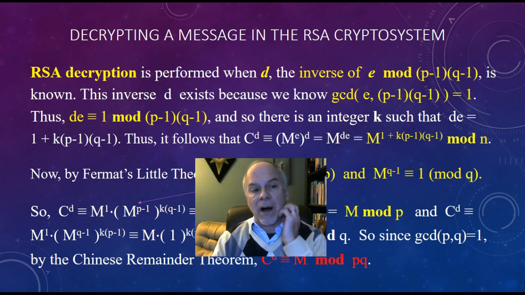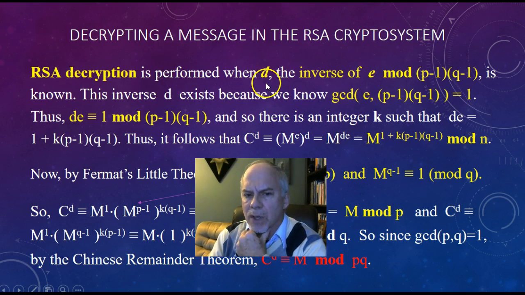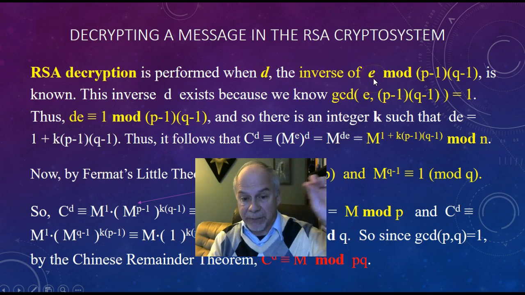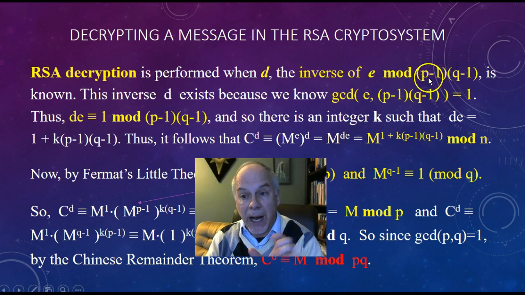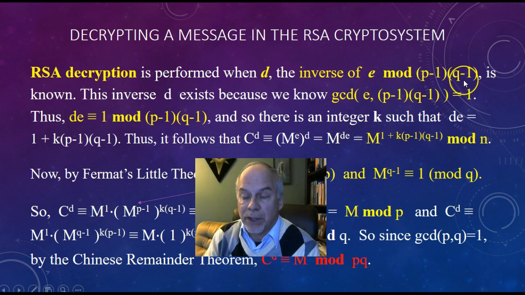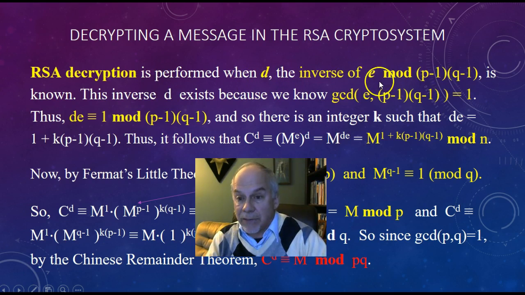Now, RSA decryption is performed using D, the inverse of the original exponent that we encrypted it with, which is E. D and E are inverses of each other, mod P minus 1, Q minus 1. We have to know D, the inverse of E, mod P minus 1, Q minus 1. That has to be known.